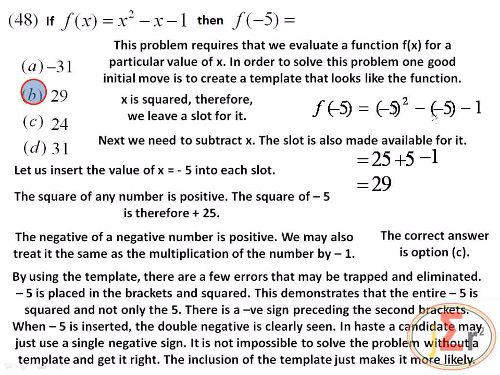Also, right here, because we are inserting -5, a candidate may just be tempted to have a single negative sign. And then we have a -1. So the answer would have been -25 minus 5, that is -30, minus 1, -31. And we have the distractor right here in option A.